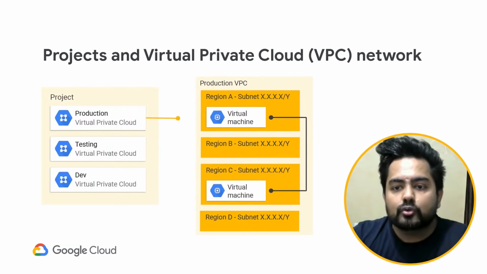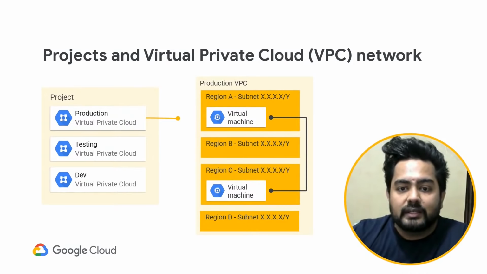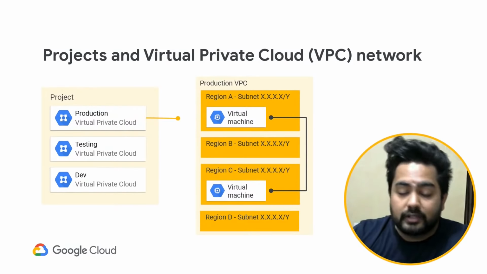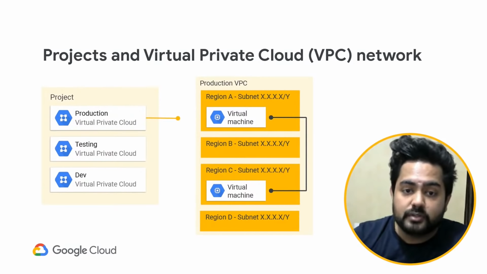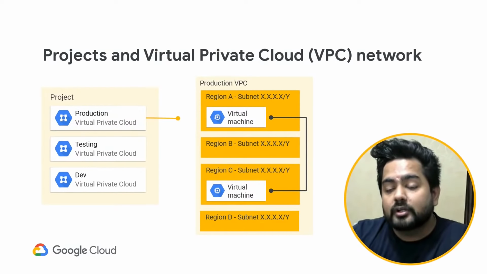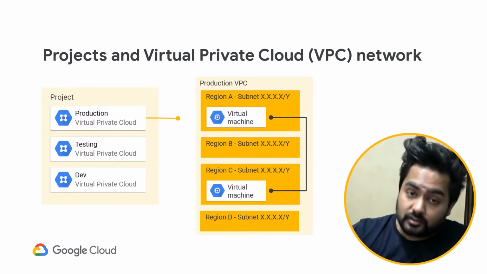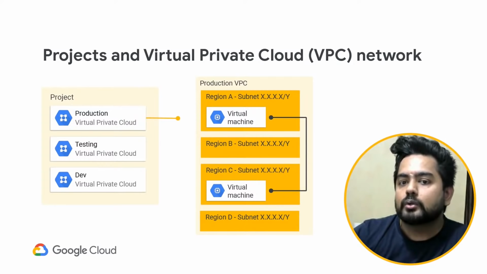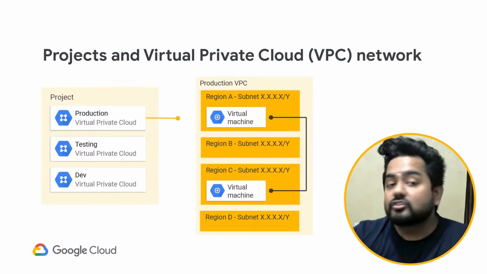All the resources inside a VPC can communicate over the RFC 1918 private IP ranges, which are 10.0.0.0, 172.16.0.0 and 192.168.0.0. So you can have these IP addresses within your VPC subnet, so you can have resources that talk internally. Inside a network, you can also segregate your resources with regional subnetworks.